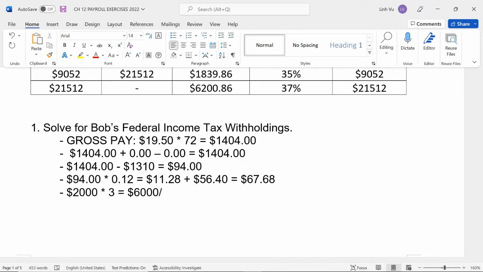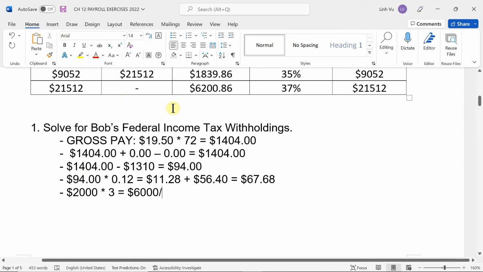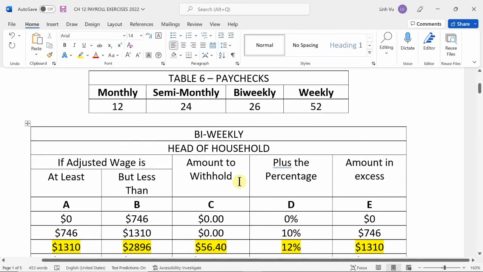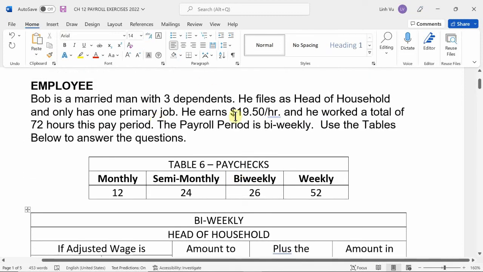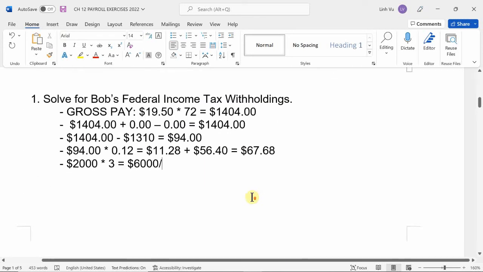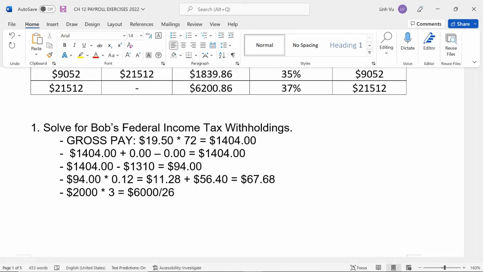But we need to divide it amongst the total paychecks that he's earned. Since he's on a bi-weekly payroll, he's going to earn 26 paychecks.